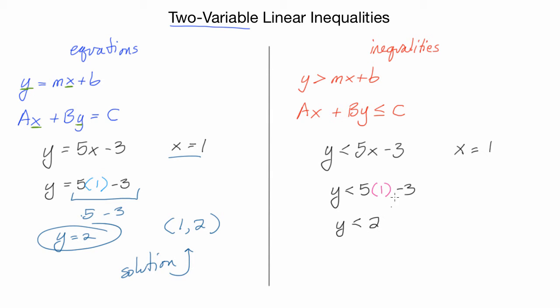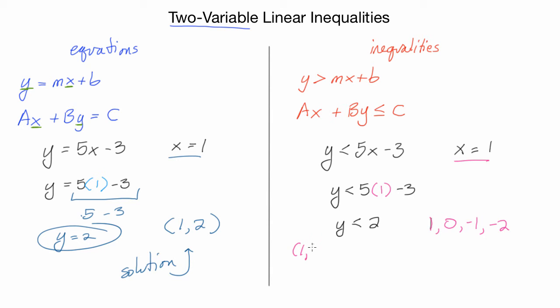Well, now what does that mean in the inequality? What are values that are less than 2? Well, y could be 1. y could be 0. y could be negative 1. y could be negative 2. And it goes on and on. There's an infinite amount of values that y could be. They just have to be less than 2. Using just those I found, I can use the x value of 1 and the various y values that work, and write a whole series of points.